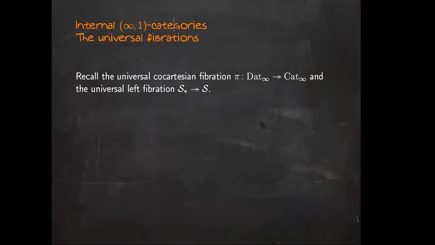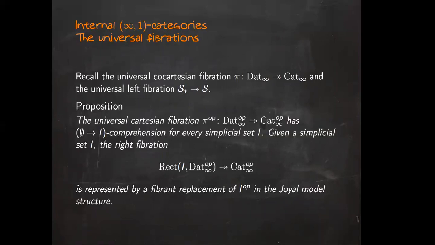All right, now let's apply this to one Cartesian fibration of particular interest, namely the universal Cartesian fibration pi op. And we can also apply this to its companion, which is the universal right fibration. So we have the following proposition that we can show, namely that the universal Cartesian fibration has initial map comprehension for every initial map.